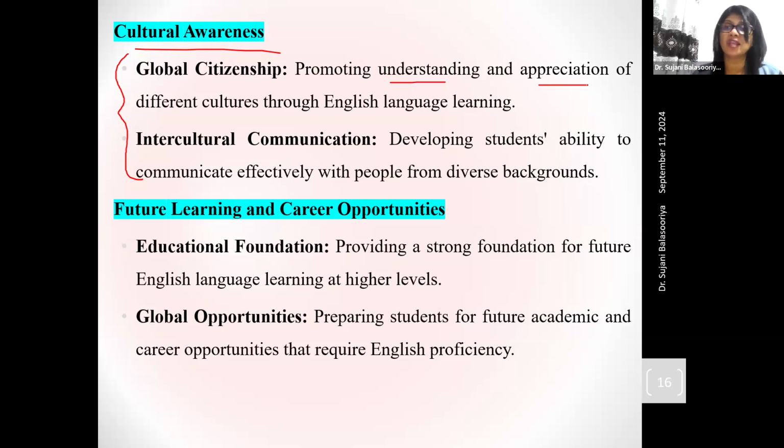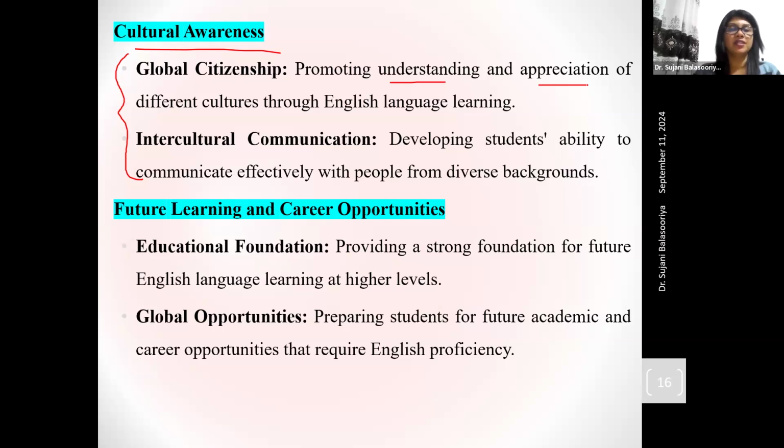The English teacher can overcome this situation by improving or promoting the cultural diversity, understanding, awareness of it, right? And making students improve their ability to communicate effectively with other cultures like that. So intercultural communication and global citizenship are required elements in an English classroom.